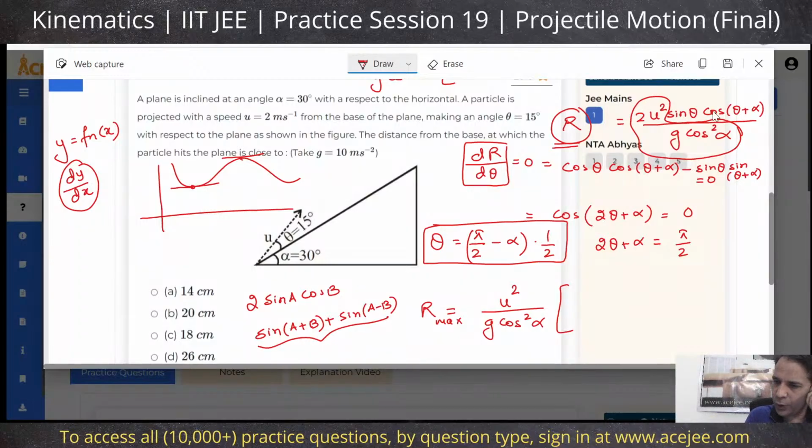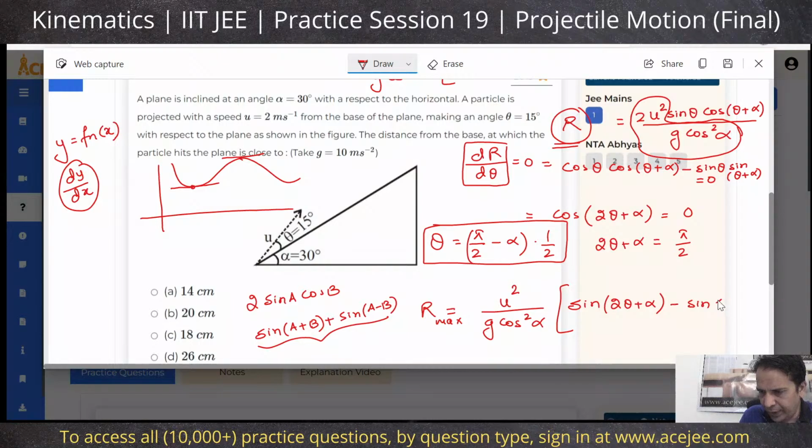So we can write 2 sine theta cos of theta plus alpha as sine of 2 theta plus alpha plus sine of theta minus theta plus alpha, so sine of minus alpha, so minus sine alpha.